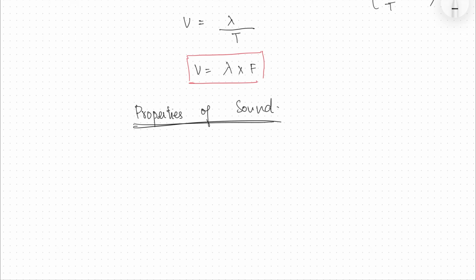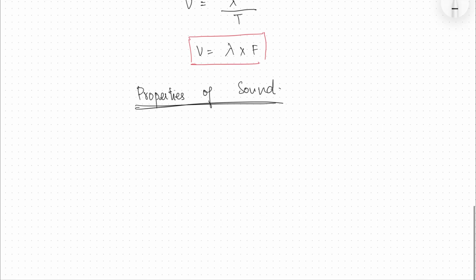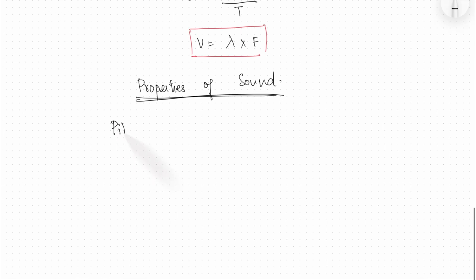Whatever I'm going to talk about now is more psychological parameters, something that you feel, something that depends upon how you hear it. Okay, so you have pitch, you have loudness, and you have timbre. And all of these are psychological.